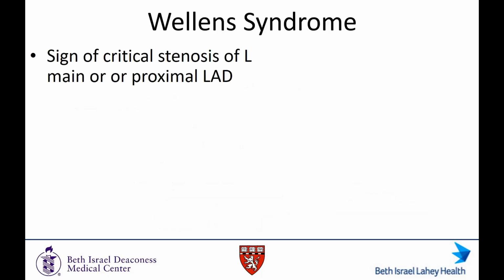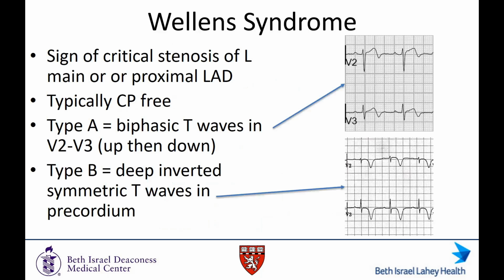So Wellens sign is usually just in leads V1 through V4, or V2, V3 like you have. But usually the other two conditions spread out throughout the precordium and toward the lateral leads as well. Makes sense. And I read that about 75% of patients with Wellens sign on EKG have an acute MI within 1 or 2 weeks. Yeah.